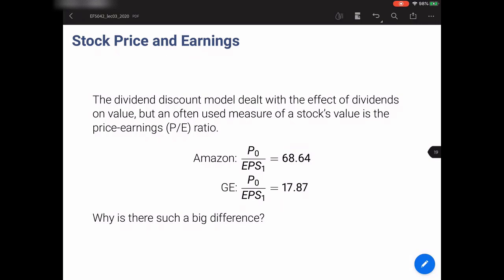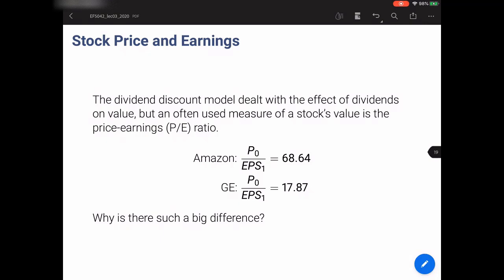All right, so let's look at what PE ratio means. PE ratio just means, by definition, the current price per share, P naught, divided by the earnings per share. P stands for price per share, E stands for earnings per share. I give you two companies here just to explain the intuition between the PE ratio and what I presented so far.